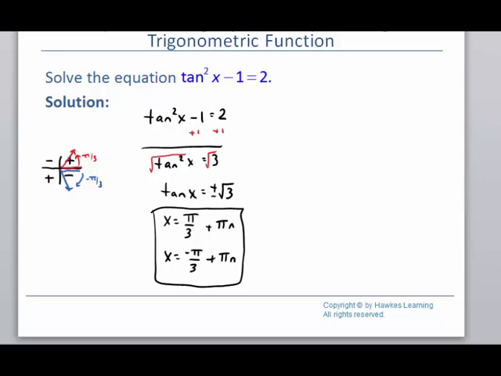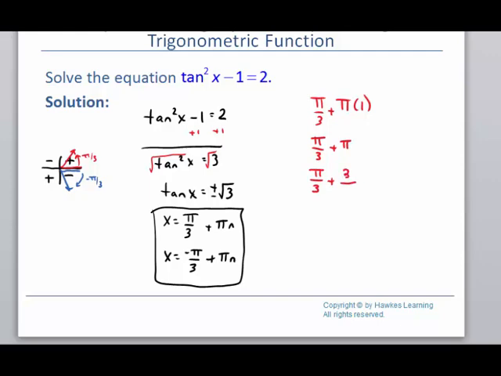All right, so let me just show you what I mean by that. So if we take this pi over 3 and I plug a 1 in for the n, remember that the n is just an integer. This gives me pi over 3 plus pi. Now, how do I write this with a denominator of 3?